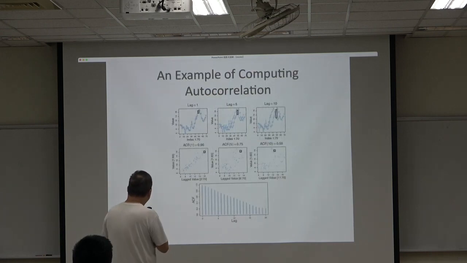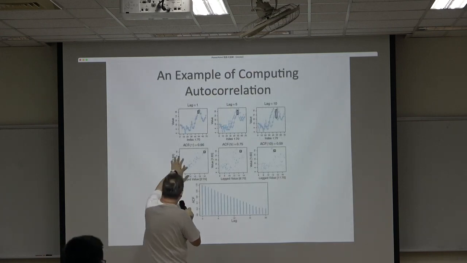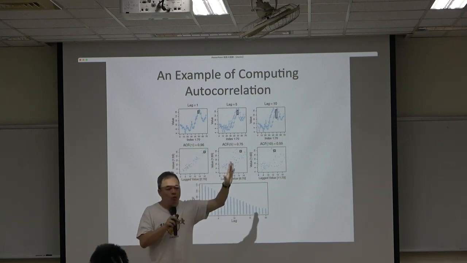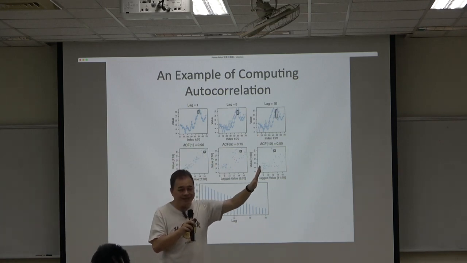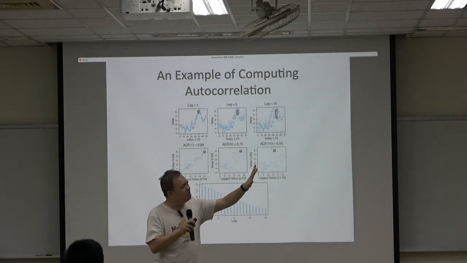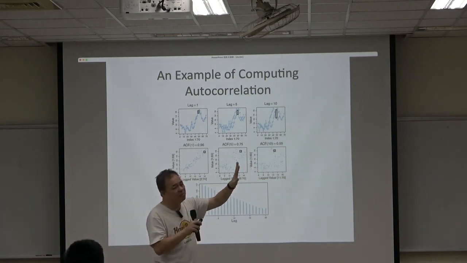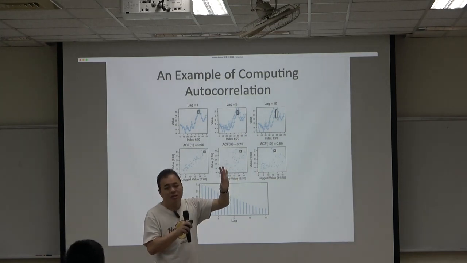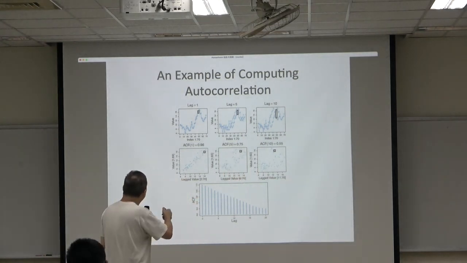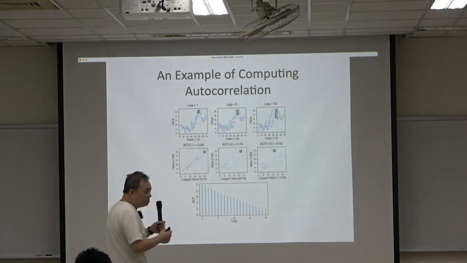So this 1 just means you move this chain 1 step to the left, because you look ahead.